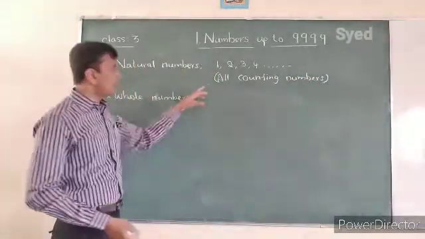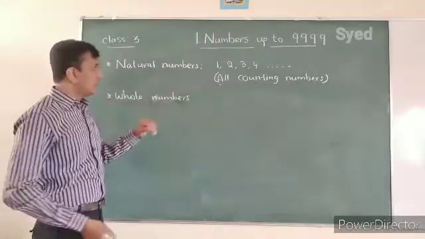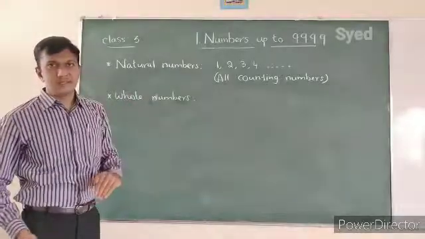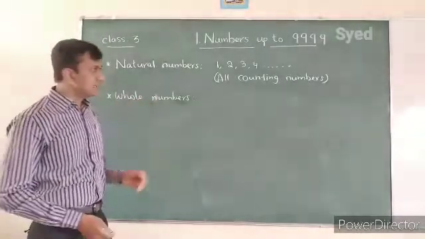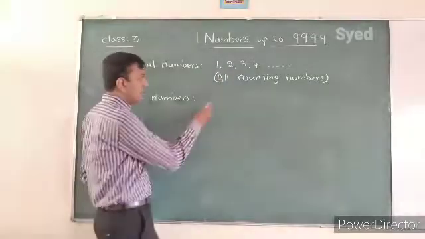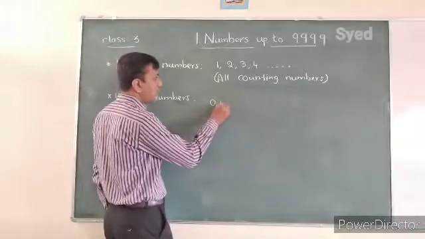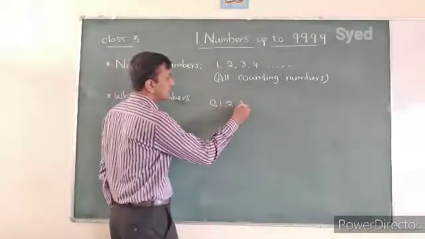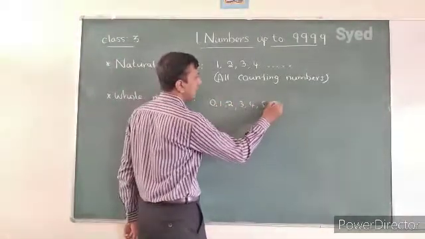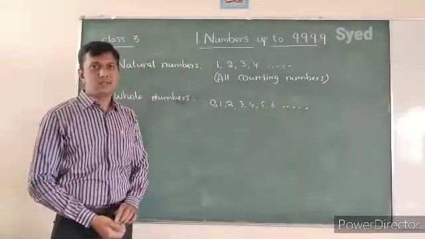Okay. All counting numbers are called natural numbers. Whole numbers: to these natural numbers, if I include 0, all such numbers are called whole numbers.